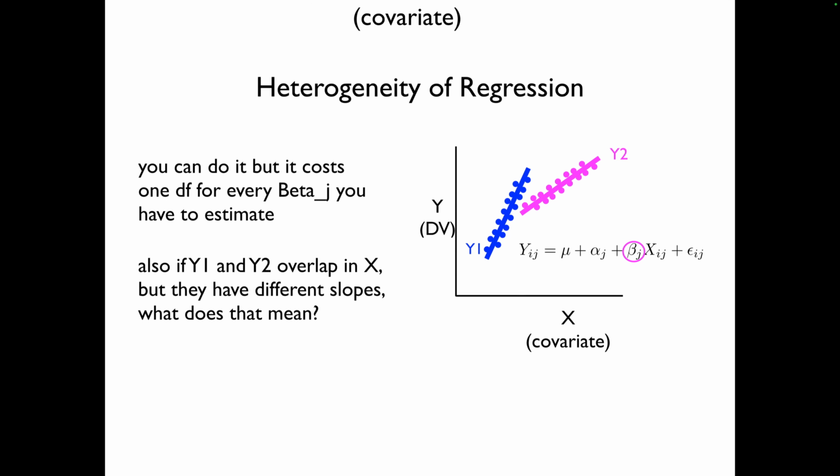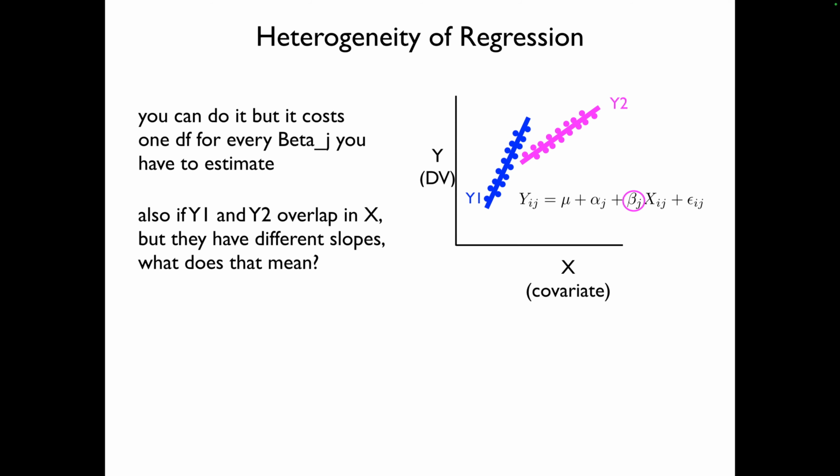But I think what you really would have to consider under this situation is what does it mean conceptually for there to be different relationships between the covariate and the dependent variable in the different groups? What would that mean? Especially if they overlap on the covariate, right?